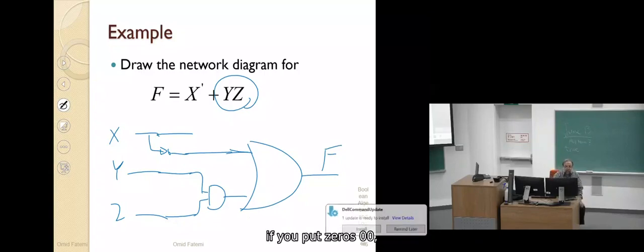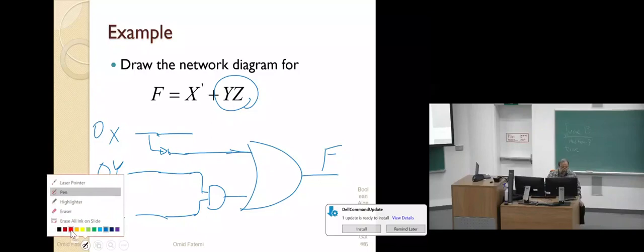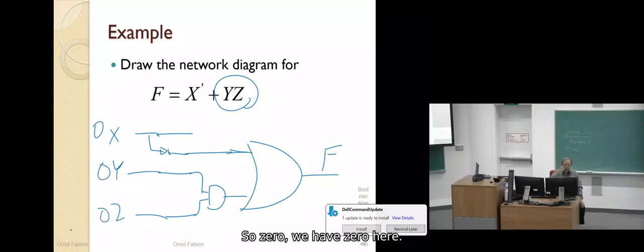For example, if you put 0, 0, 0, the first row of the truth table, then here we have 0. So let me change the color. So we have 0 here. So 0 gets 1 here. So we have 0 here, 0 here, 0 and 0 is 0. 1 comes here, 1 or 0 is 1.